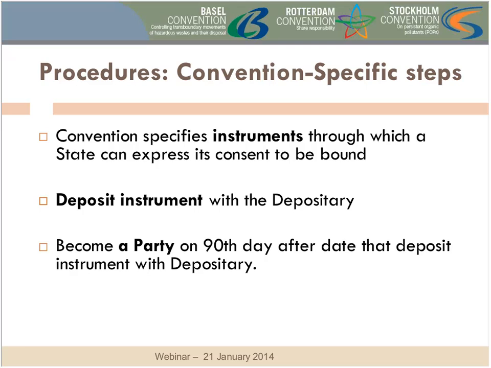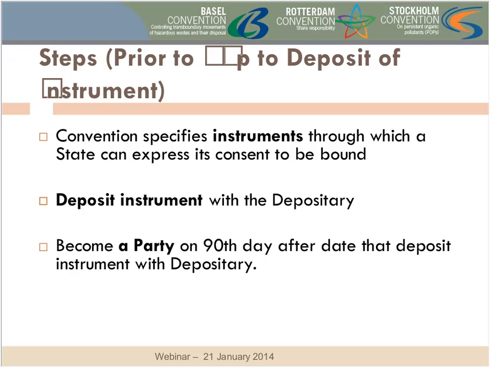And the consent to be bound would only take effect once that instrument has been deposited. The state would then become a party on the 90th day after it deposits its instrument. So the provisions would only become legally binding on that date.